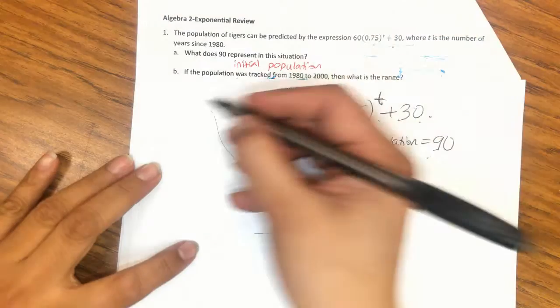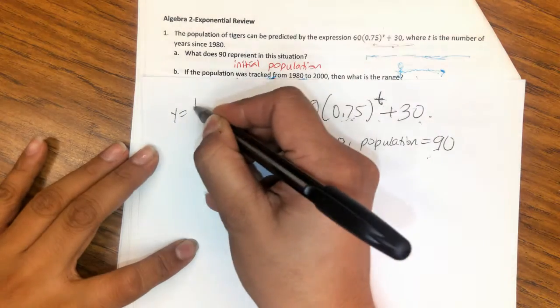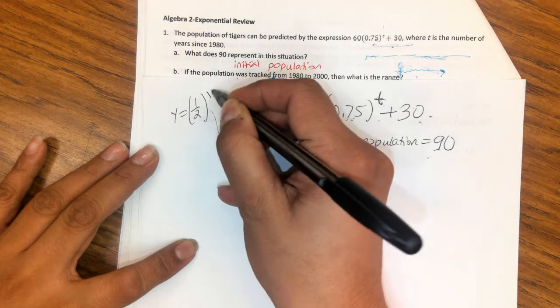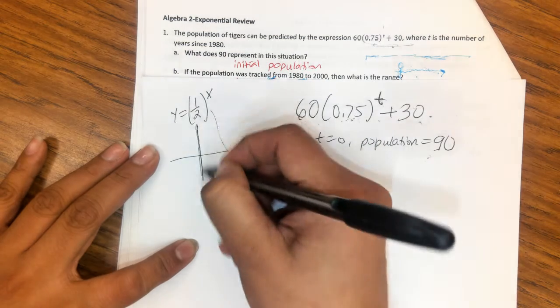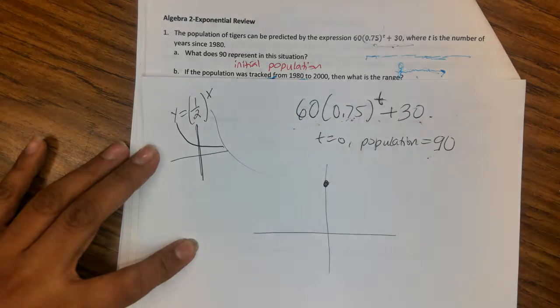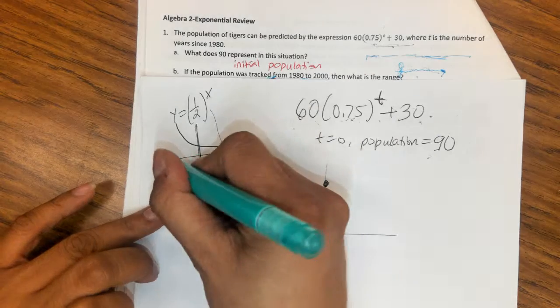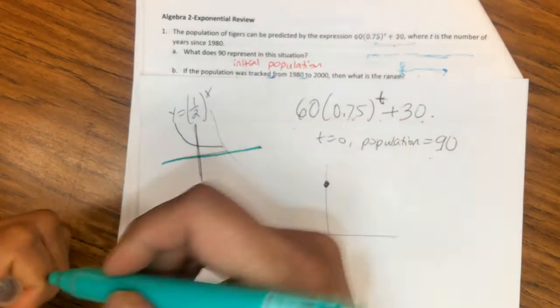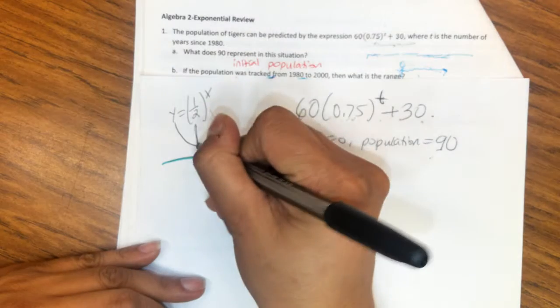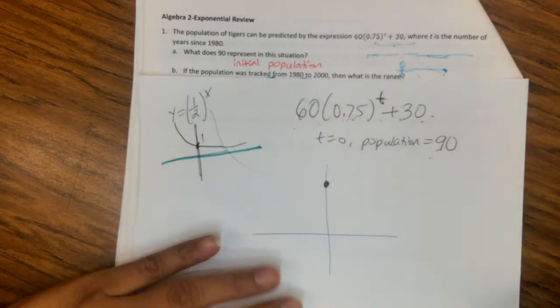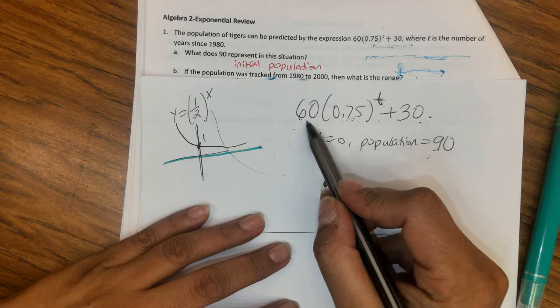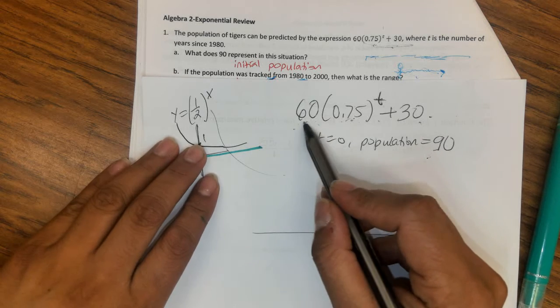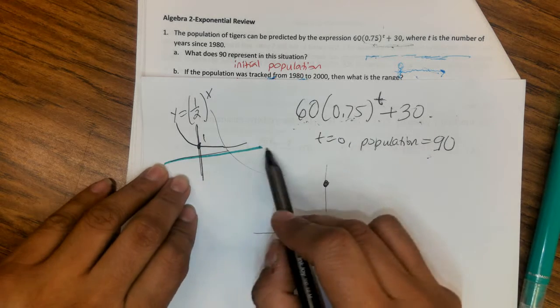Let me remind you of the parent graph of something that's going down, like 1/2 to the x. It's going to decrease, and the horizontal asymptote is the x-axis, and the y-intercept here is 1. This 60, which stretches the graph 60 times, is not going to affect the asymptote.